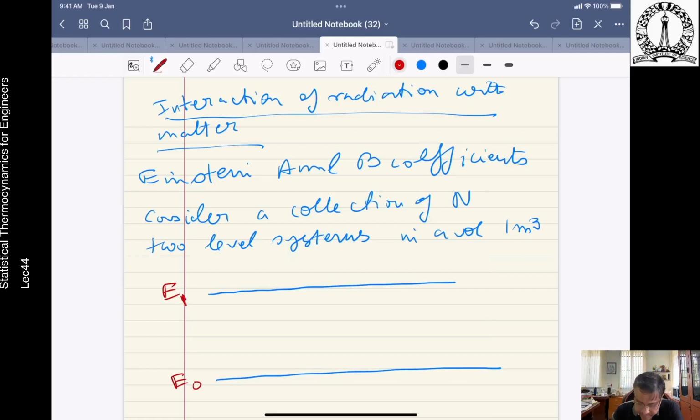N1 and N0 are the number of particles in each of these energy levels.